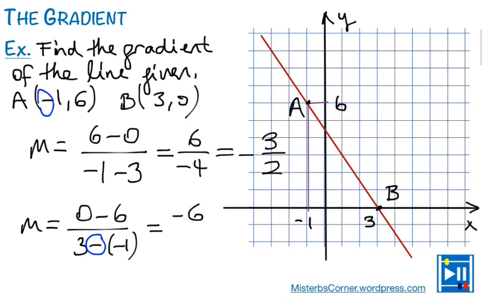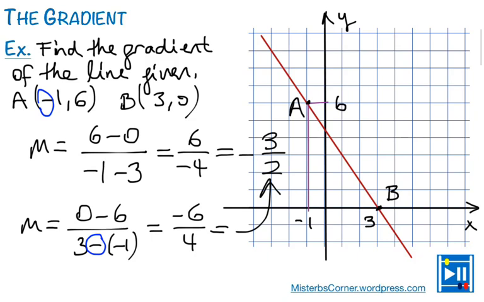So it's going to be minus 6 over 4, which will again simplify to minus 3 over 2. Before moving on, note that if you are given a graph, then you can pick any 2 points on the graph you'd like. These are my choices. You could end up with 2 other points, but you will still end up with the same gradient if you do the correct calculations.